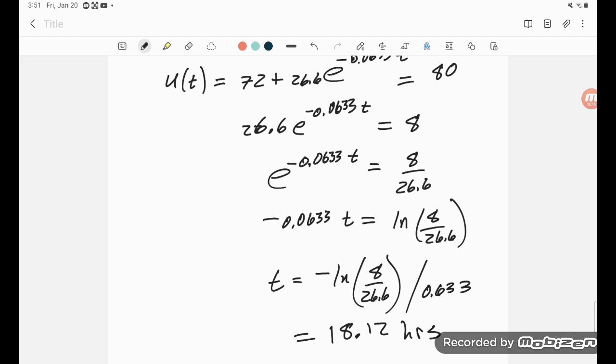Oh, well, interesting. Hopefully I didn't do that. I don't think I did, but I'll look again. 0633. I got 18.12. I'm guessing I typed something in wrong again. Let me see what I typed.